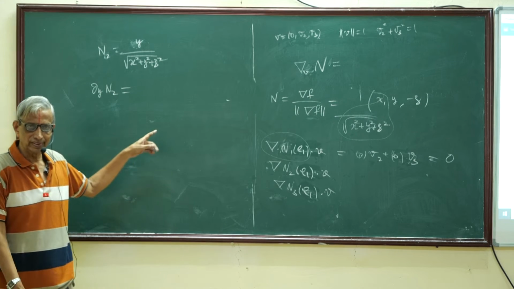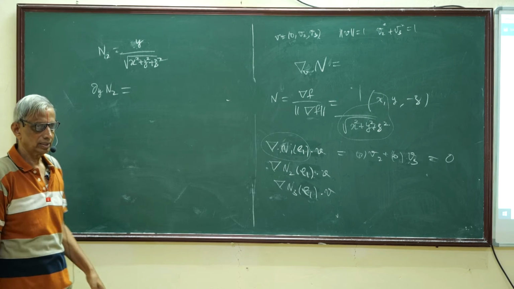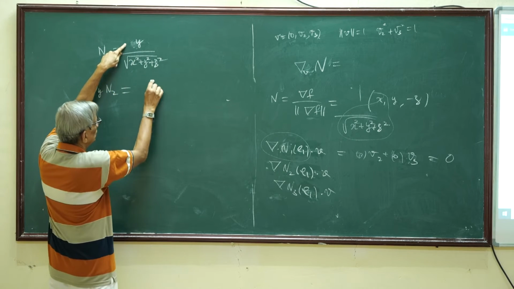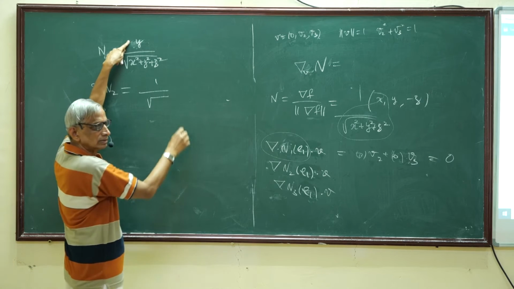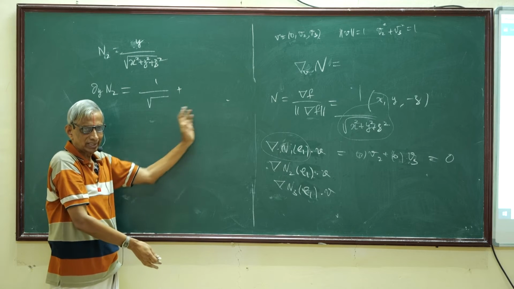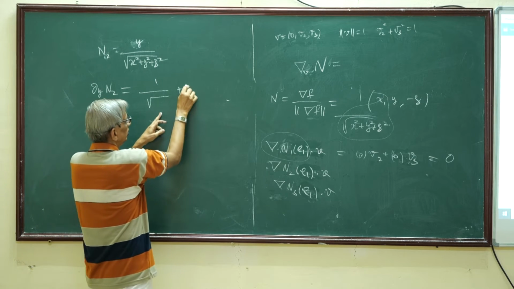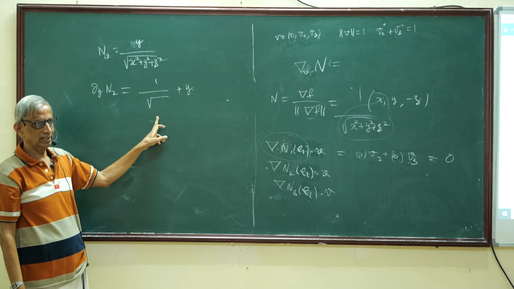Of course, now there is a difference because there is y in the numerator, right? So 1 over square root of that plus, similar to what we had earlier, y into differentiate this, right?